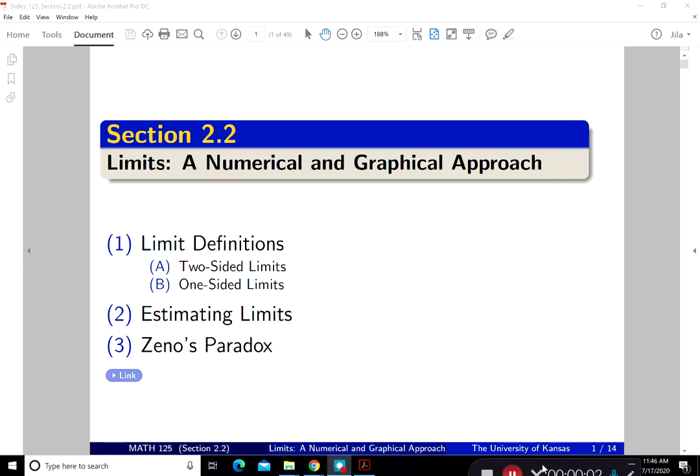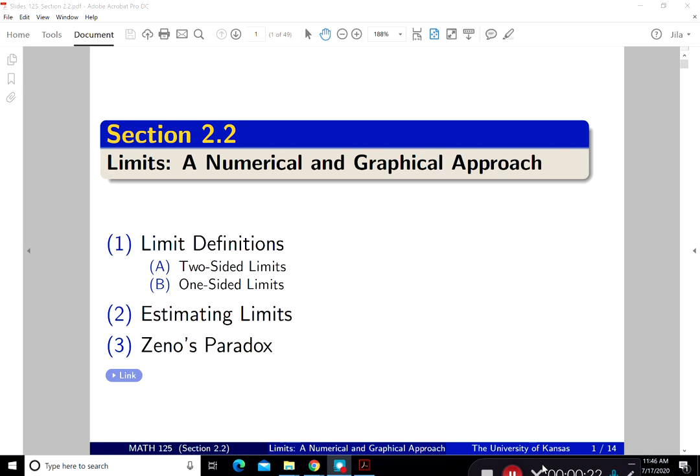We're starting section 2.2, limits: a numerical and graphical approach. So we sort of played with the concept of the limit in 2.1, discussing why we need it.